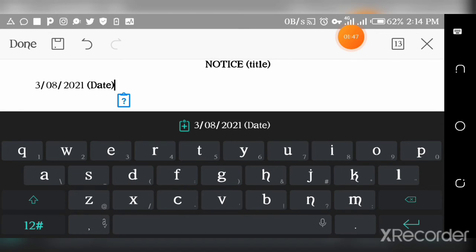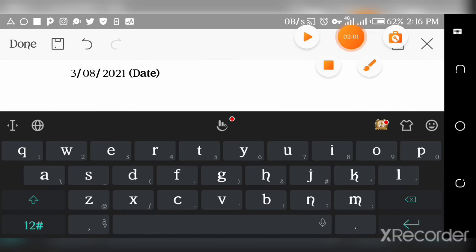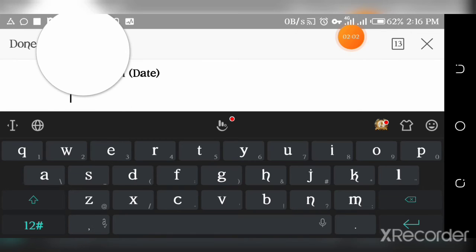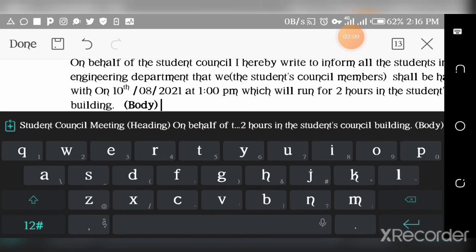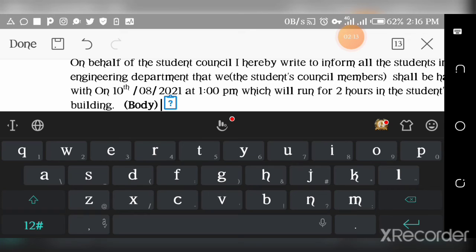So then after the date, we go to the heading and then the body of the notice. So let's have them both, the heading and then the body. Then what comes next is the name of the writer of the notice and their signature, just as we have discussed earlier.